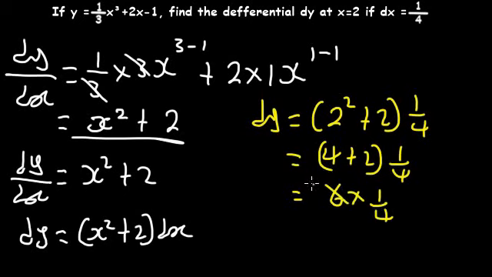So 6 reduces to 3, 4 reduces to 2, and the final answer in this case is 3/2. And this is the differential dy, which means since we know how x changes by 1/4, then y will change by 3/2. And that is the beauty of the differential.